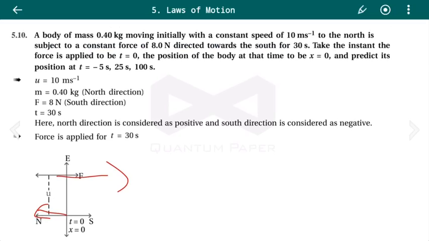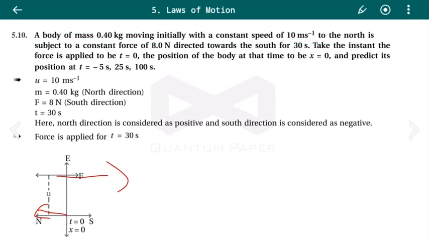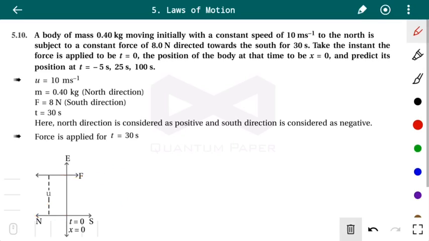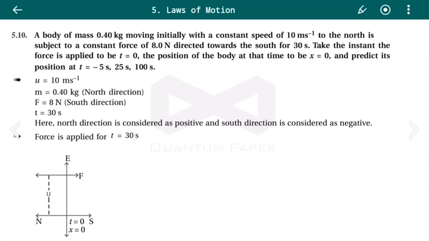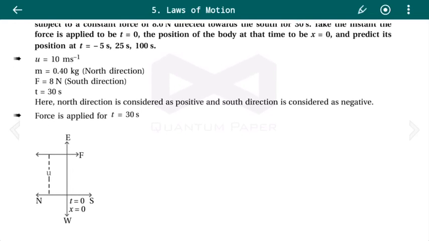Take the instant the force is applied to be t equals 0, the position of the body at that time to be x equals 0, and predict its position at t equals minus 5 second, 25 second and 100 second. So here we need to find the positions of the body for different times.